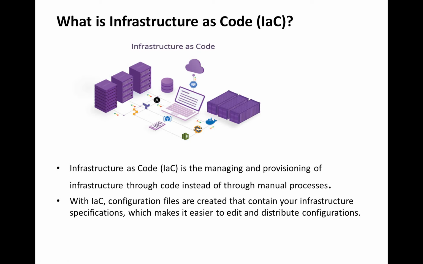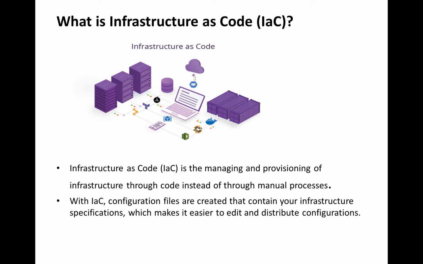So first one is Terraform infrastructure as code. Here you can write code to manage your infra or provision the infra. Infrastructure as code is the managing and provisioning of infrastructure through code instead of through manual processes. Every part of your program is part of your resources.